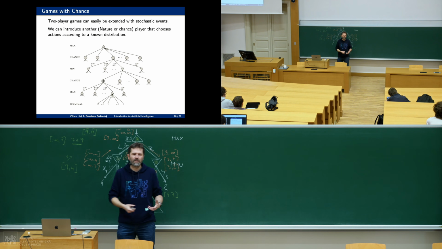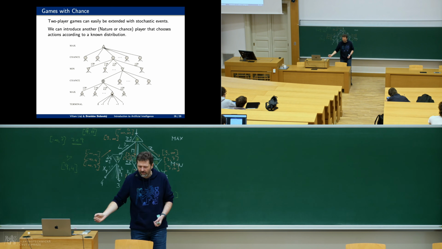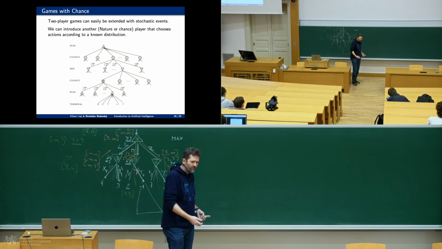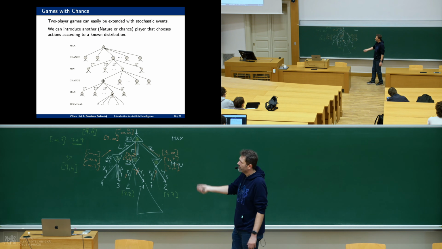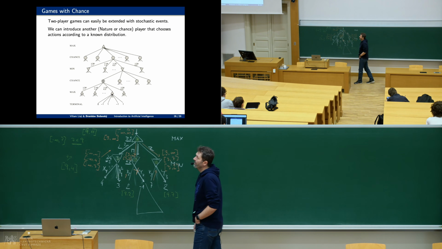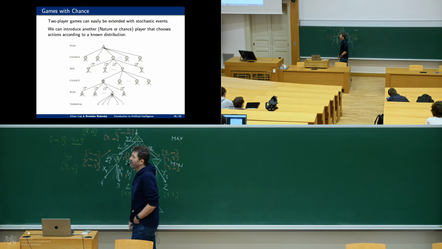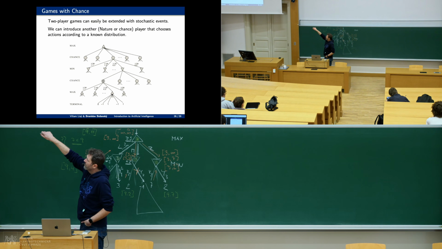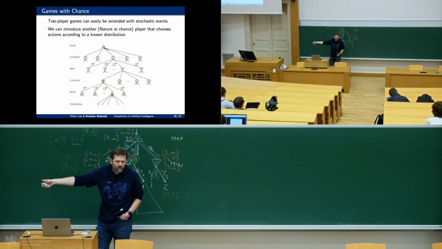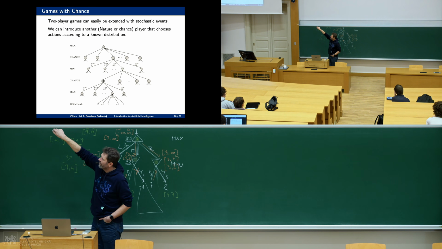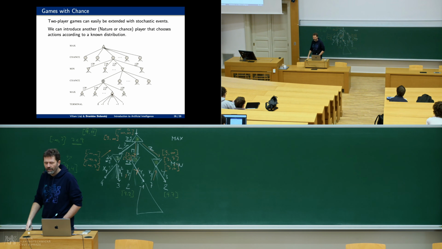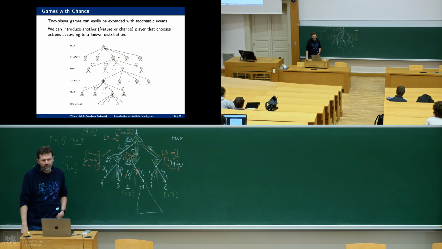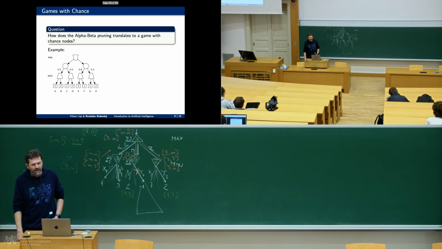For example, if we roll a dice, then each outcome happens with probability 1/6. In minimax, nothing really changes, because the value that is propagated up is basically the expected value of all the children multiplied by their probabilities. So the minimax algorithm can be very naturally extended to games with stochastic events.